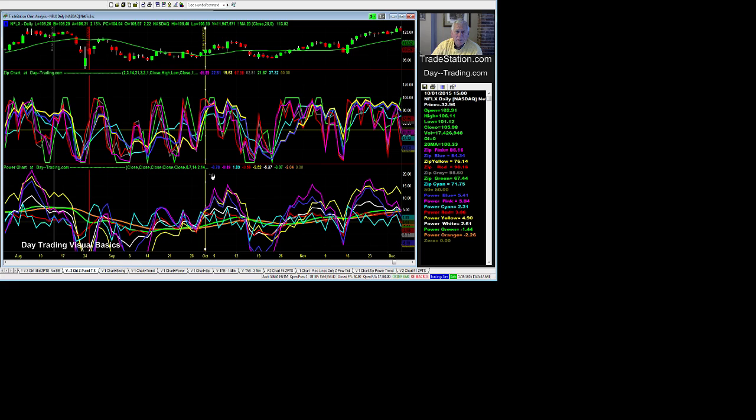But when you think of the Zip Cyan, if you've had a chance to look at the indicator definitions in the documents file, you can print off a lot of different things there to review and get familiar with the system. In the indicator definitions, it tells you that Zip Green tracks new trades in and out of the market, and Zip Cyan is a companion trade.